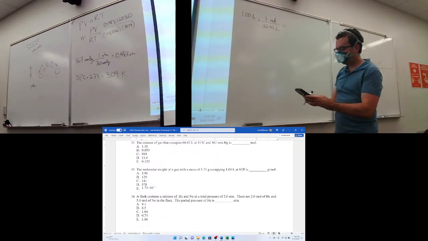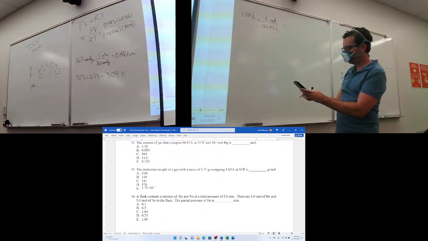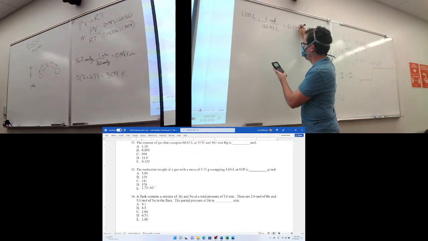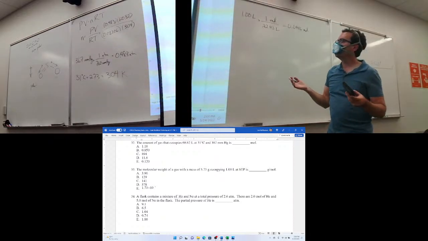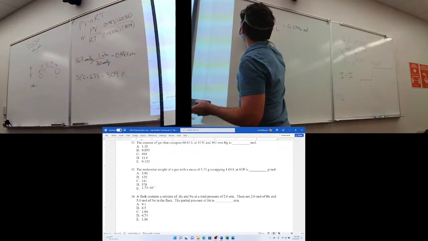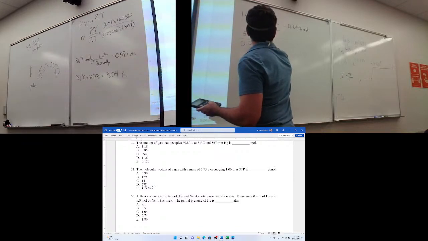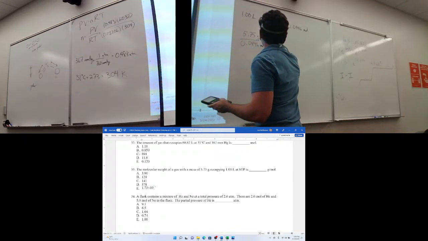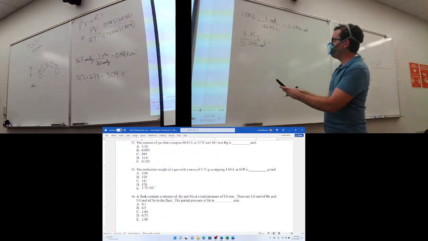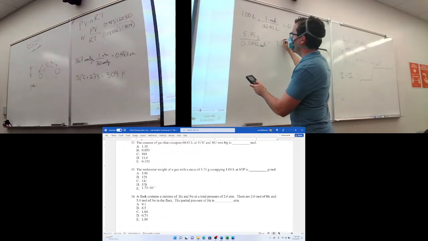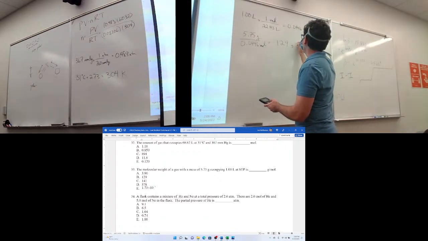So 1 liter of gas means I have 0.0446 moles of gas. Now that I have the moles, let's take the mass, 5.75 grams. Let's divide it by the moles, 0.0446. And notice you'll get grams per mole. That's molar mass. It's 129 grams per mole.